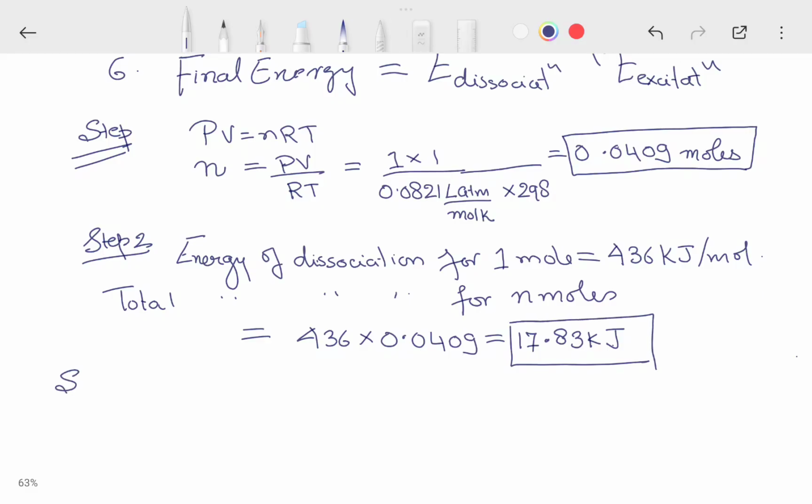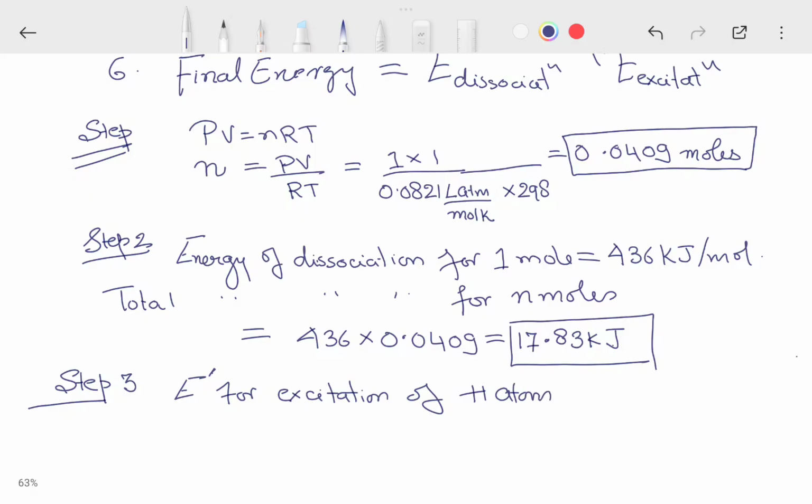Okay, in the next step, that is step number 3, we can find energy required for this excitation. So energy E, or I can write E dash, for excitation of hydrogen atom.